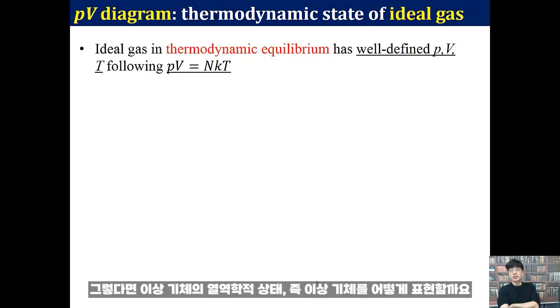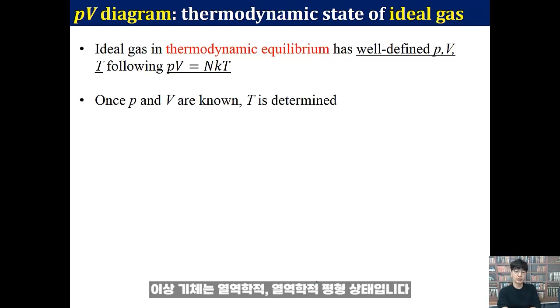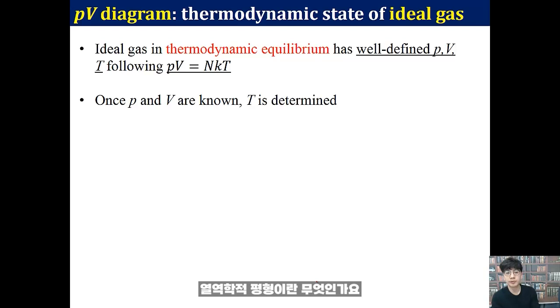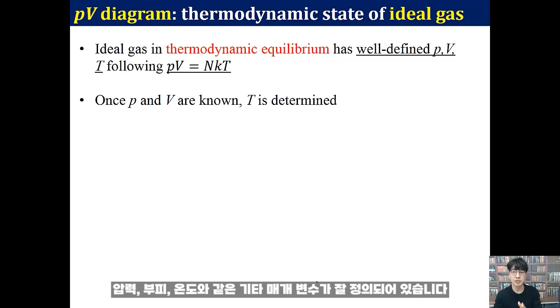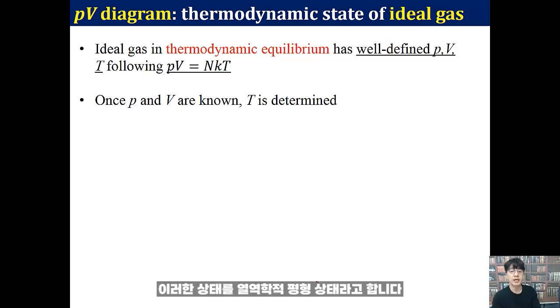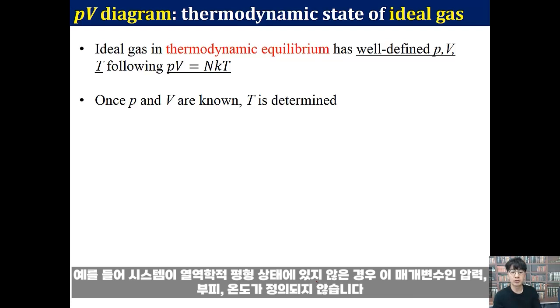So how do we express the thermodynamic state of an ideal gas? Consider an ideal gas in thermodynamic equilibrium. Thermodynamic equilibrium means that the parameters such as pressure, volume, and temperature are well defined. That's what we call thermodynamic equilibrium. If the system is not in thermodynamic equilibrium, these parameters are not defined.